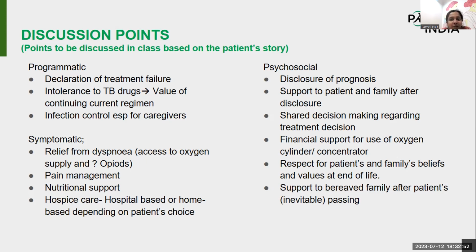Almost every part of the discussion is difficult, and we really don't have answers for these. But the one thing we could work on, and which is doable, is access to opioids, which at least manages the symptoms.